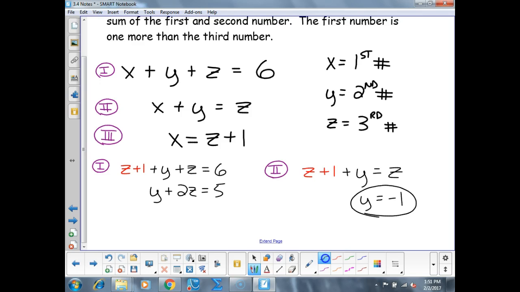Right? Well, what are you doing with the Y plus 2Z equals 5? What do I do with the Y plus 2Z equals 5 then?